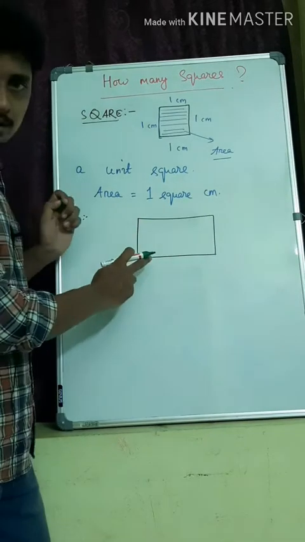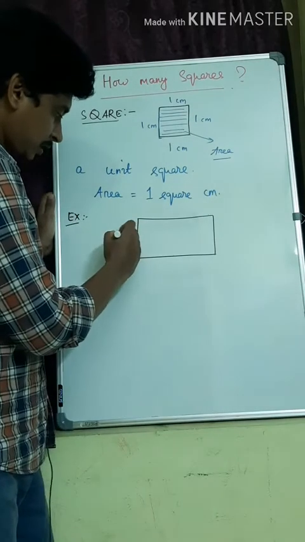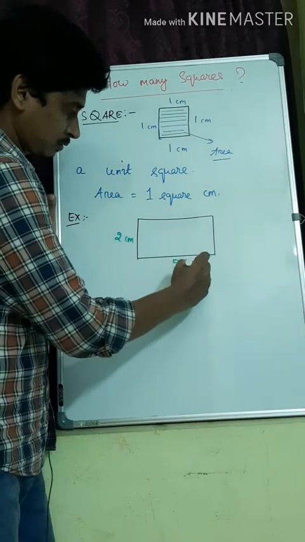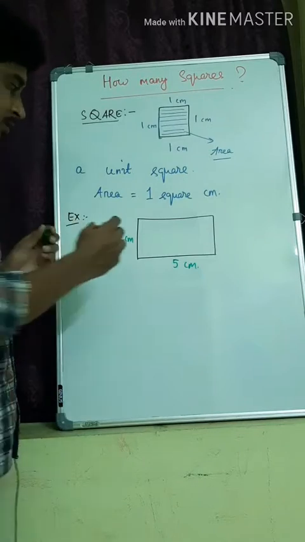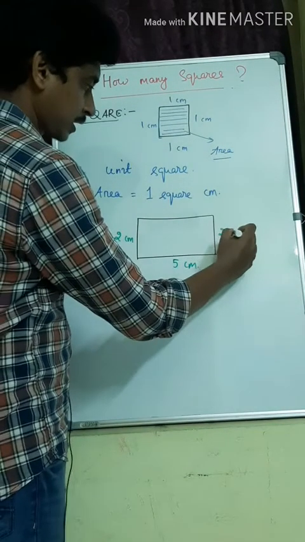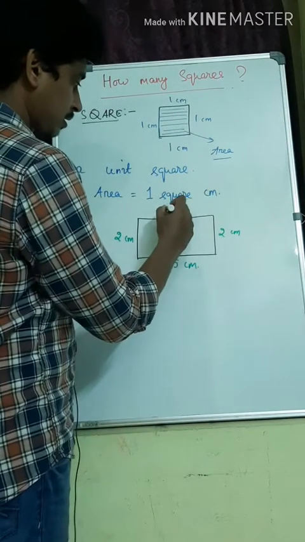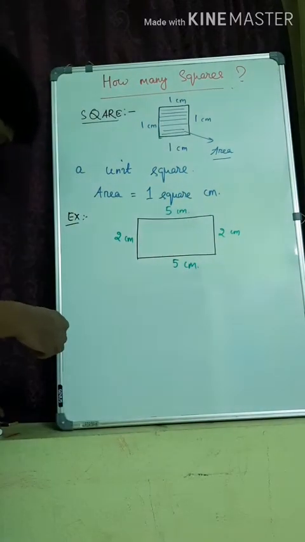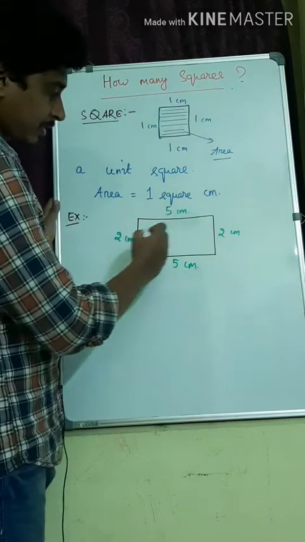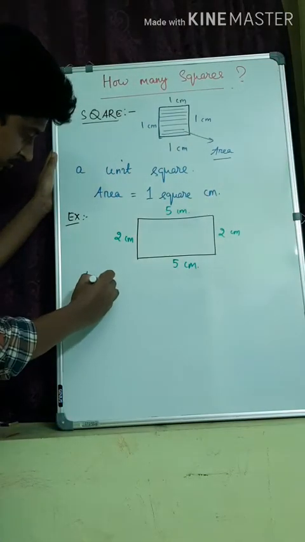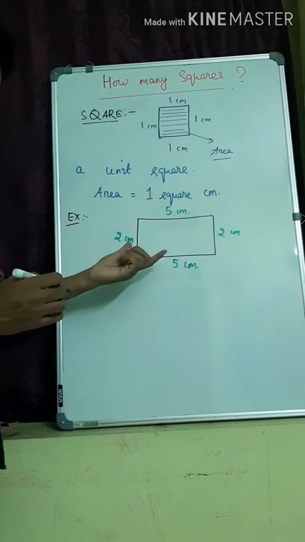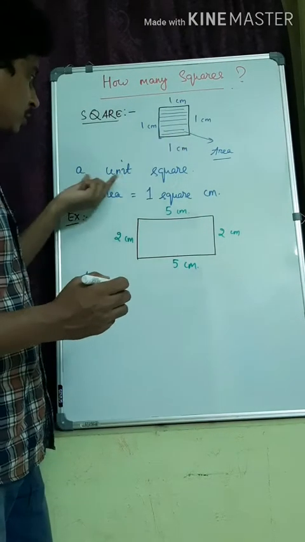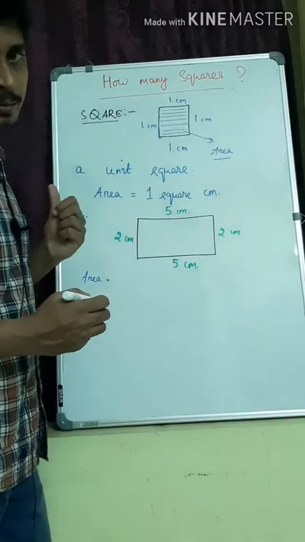So it is a rectangle having its sides 2 centimeter and 5 centimeter. It is 2, so here the opposite side is also 2 centimeter and this opposite side is also 5 centimeter. So what is its area? Area is the same as how many small squares or unit squares are there inside this big rectangle.